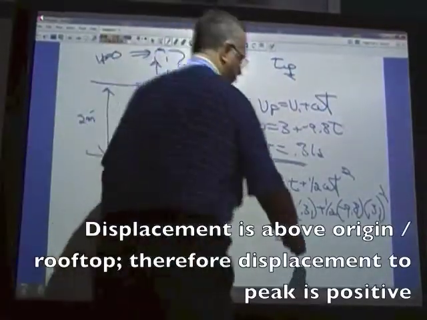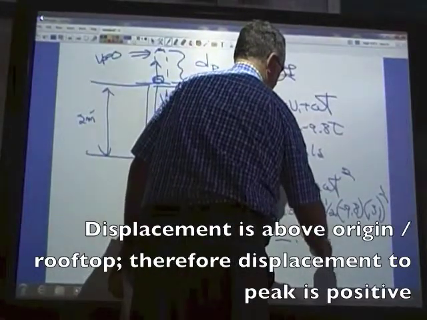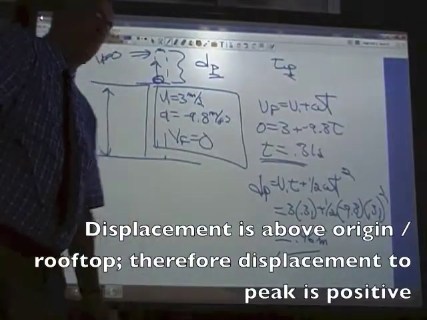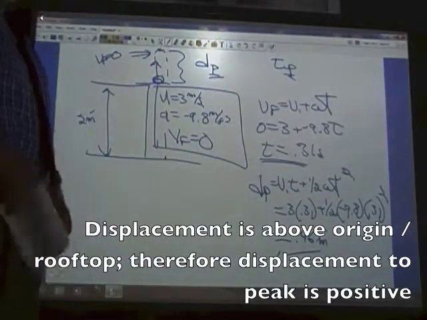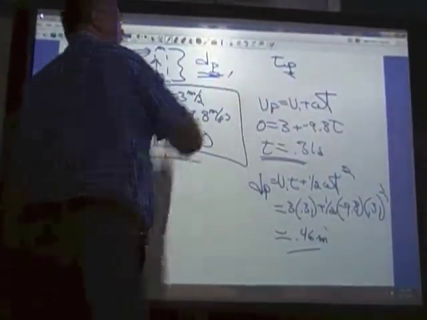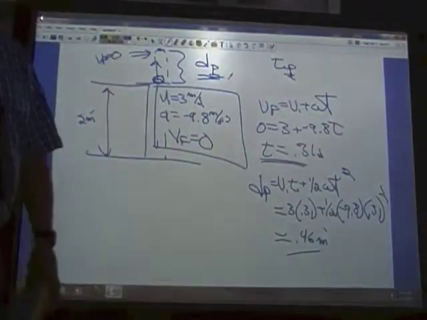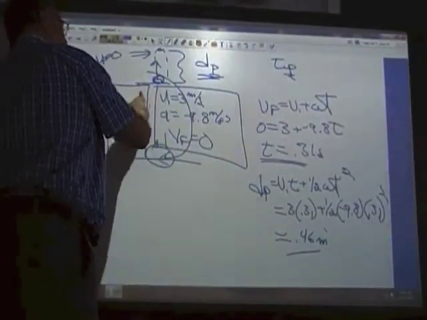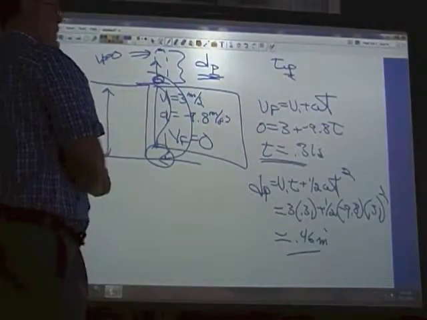It rises about 0.46 meters, 46 centimeters, half of a meter. Okay, so free fall problems, this is always on the test. How high does it rise and how long does it take to get up there? In addition to what's the final velocity down here and what's the time to get down here.